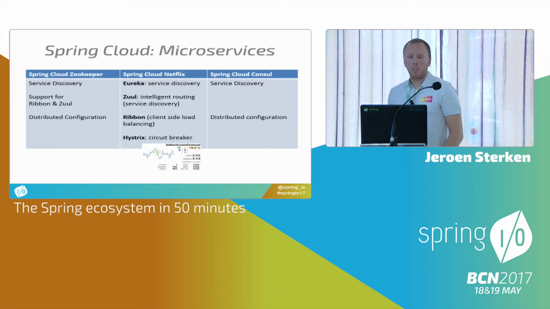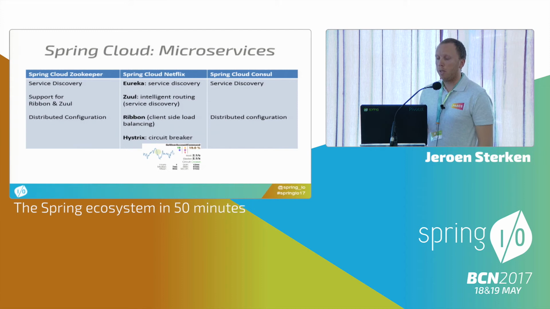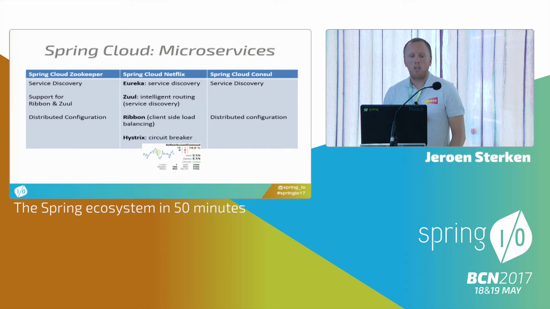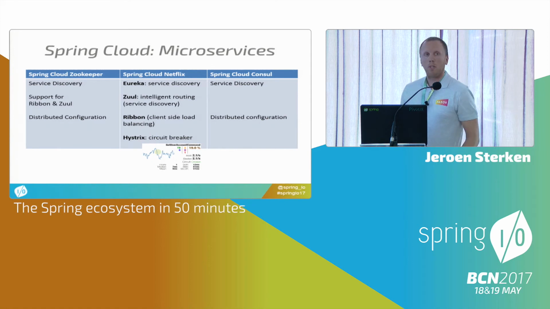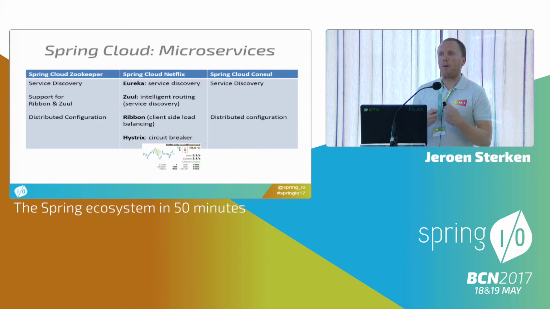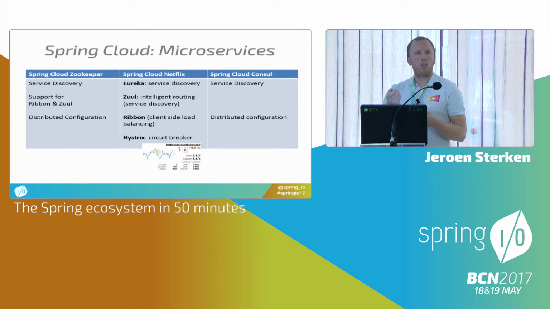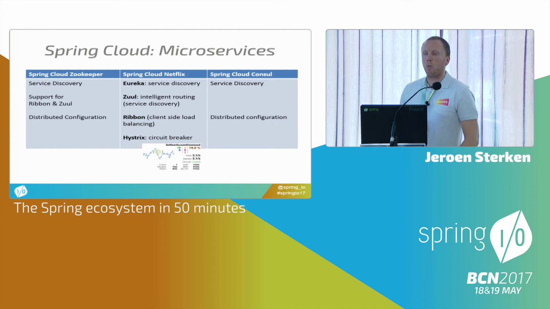Now, the first 3 projects here, Spring Cloud Zookeeper, Spring Cloud Netflix, and Consul. Well, the main project there is Netflix, you could say, where you have Eureka, Zuul, Ribbon, and Hystrix. So Eureka is all about service discovery. So every time your microservice starts up, it's going to register itself with this Eureka server, and it keeps track of all the services that are running at this moment.